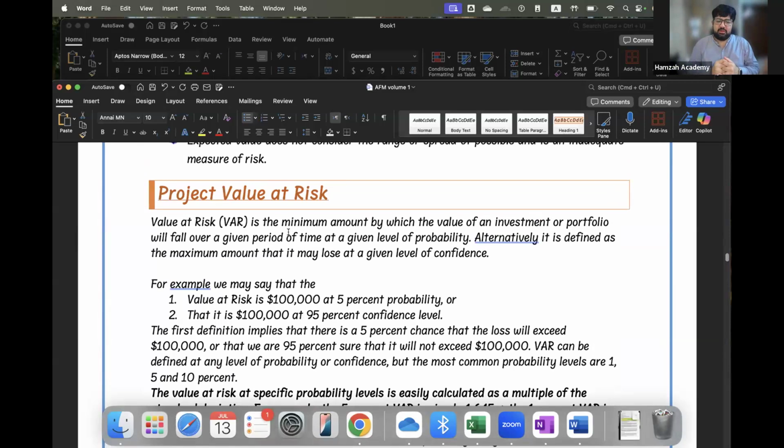Project value at risk. What is value at risk? It is how much a project will lose its value over time, at a certain probability or confidence level.